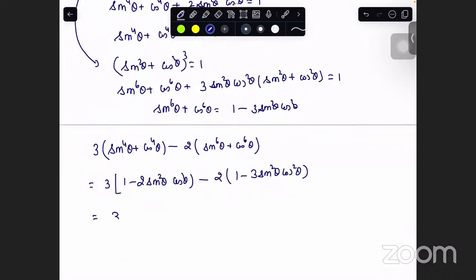So it is 3 minus 6 times sine square theta cos square theta minus 2 plus 6 times sine square theta cos square theta. These two terms cancel. It is 3 minus 2, that is 1. And so many people answered correctly for this. Got it?